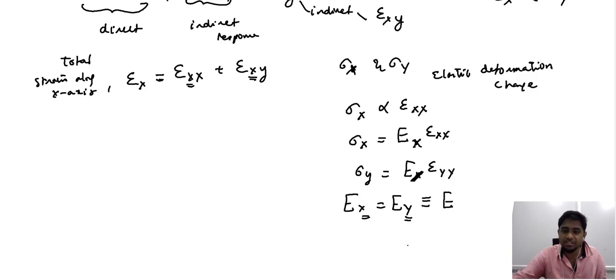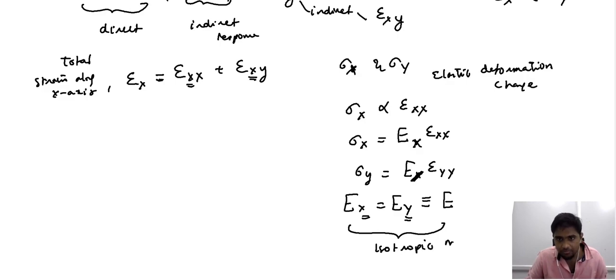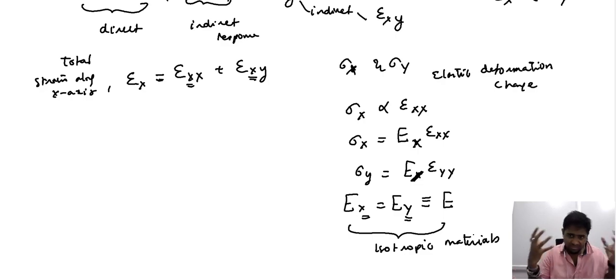Such materials are called isotropic materials. Very rarely do we observe such phenomena in metals and alloys, but for our discussion, let us assume that the Young's modulus of the material is independent of the direction. Along the x-axis, it is the same Young's modulus. Along the y-axis, it is the same Young's modulus.